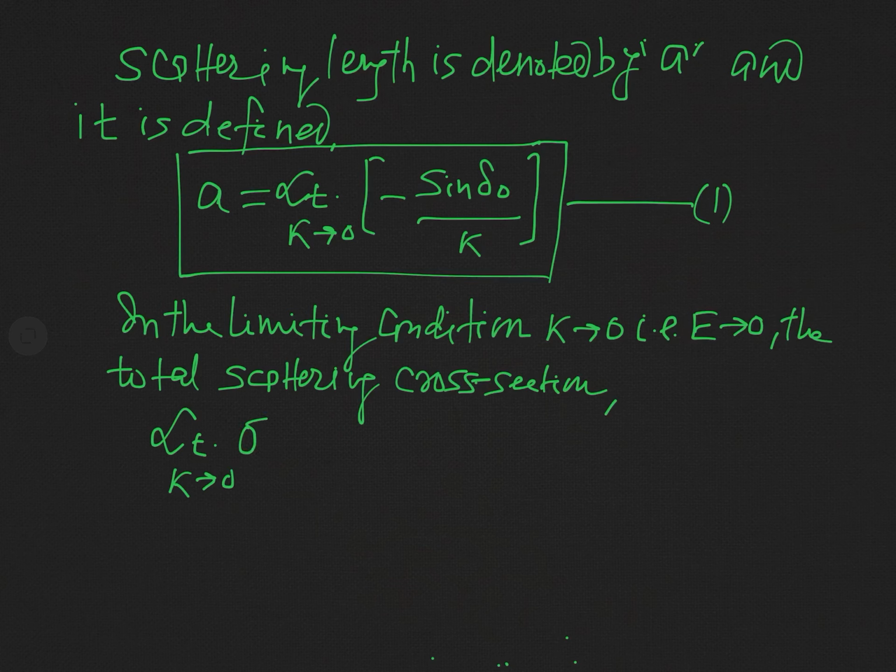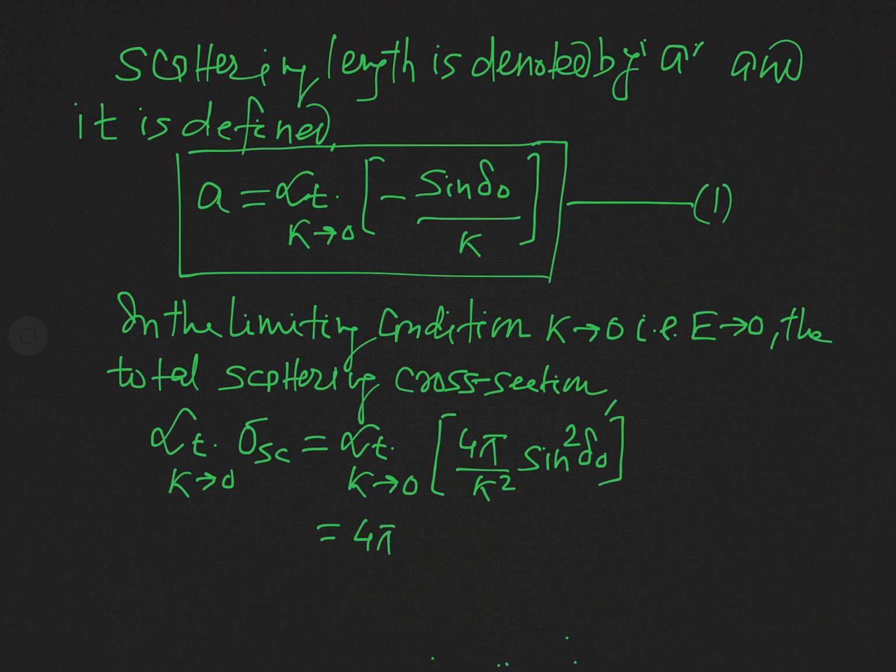This will be limit k tends to 0 of sigma Sc. Let us substitute the value of sigma Sc from equation A, which is 4 pi over k square sine square delta naught.